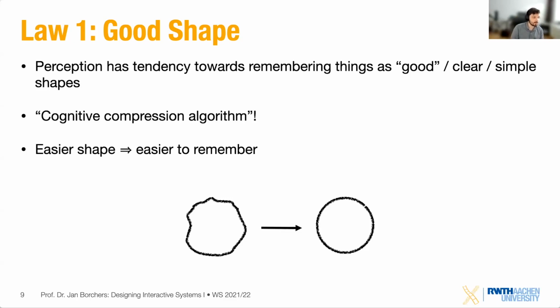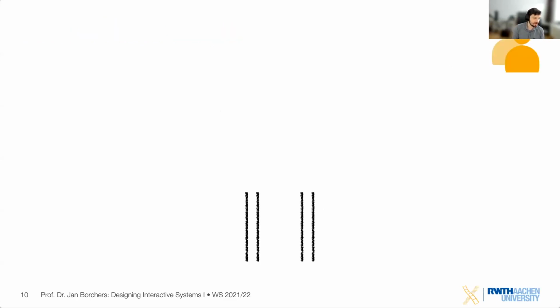When we now look at this image, if you would have to describe to me what you see here, such that I, without knowing this, could draw this, what would you say? Two sets of parallel lines. Exactly. You would say, okay, we have 2 lines on the one side, we have 2 lines on the other side, and those are parallel. And what you have done directly is you grouped things together.